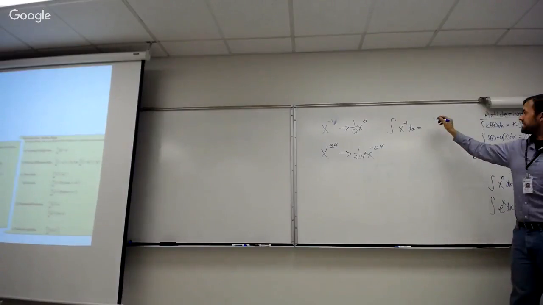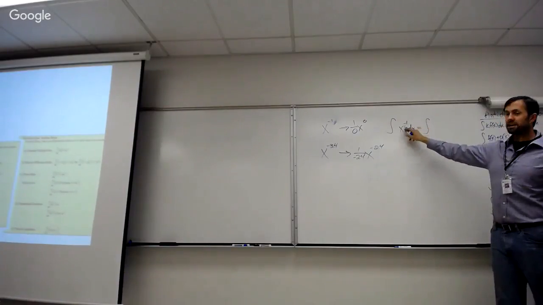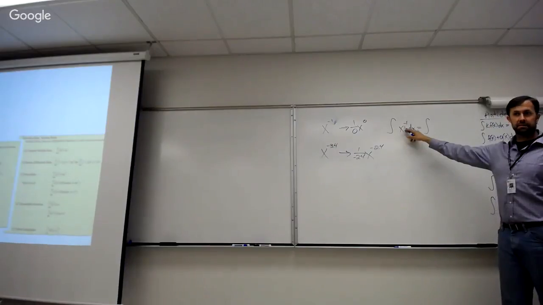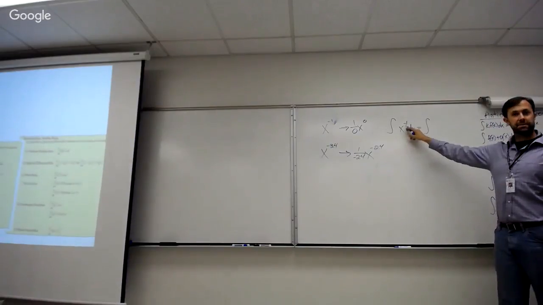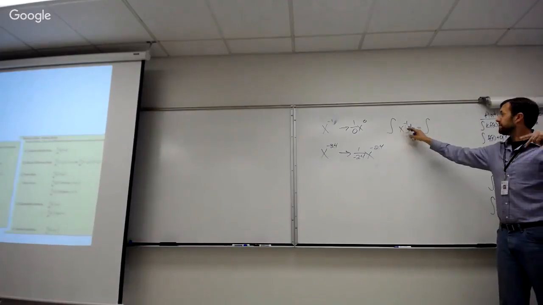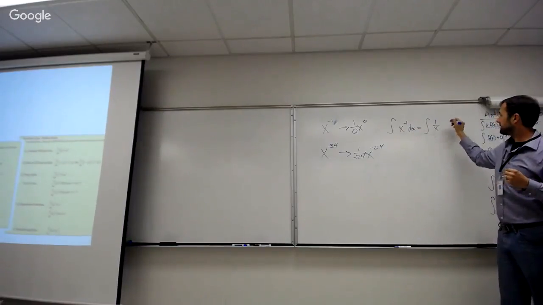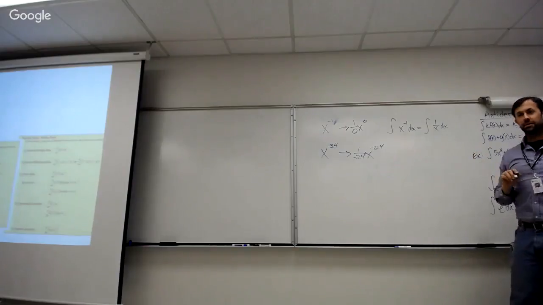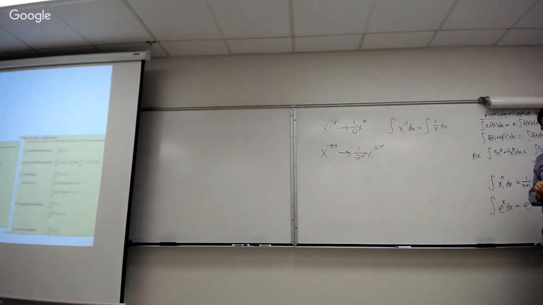Here's another way of writing it. What does the -1 exponent mean? What do you do whenever there's a negative exponent? You do the reciprocal. So this is really the integral of 1 over x. Where have we seen 1 over x before? The derivative. The derivative of what?